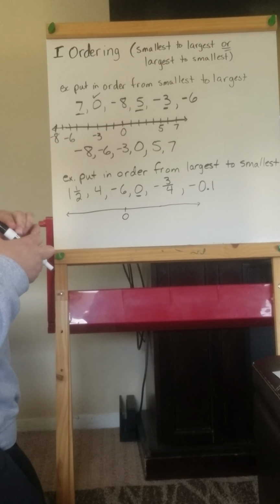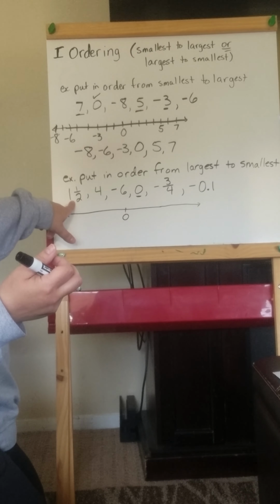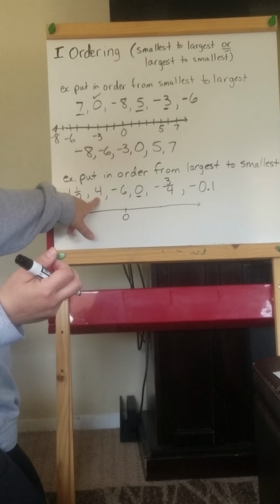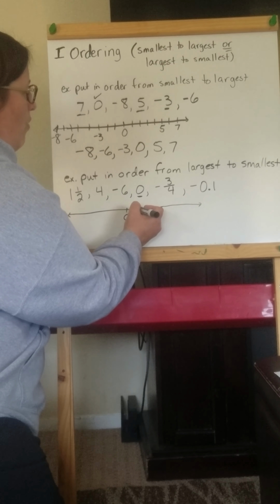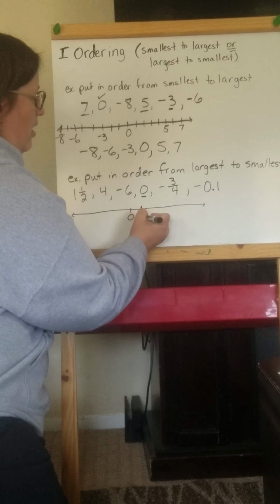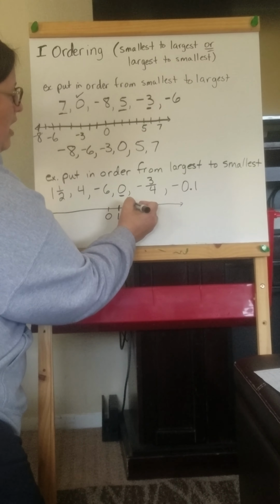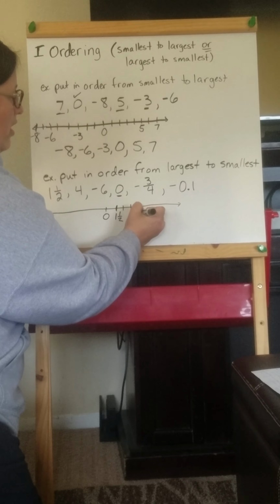And start with the positive numbers, because those are the ones you're most familiar with. So I have a +1.5 and a +4. So 1.5 is going to be about here. And we'll call this 2, 3, 4.